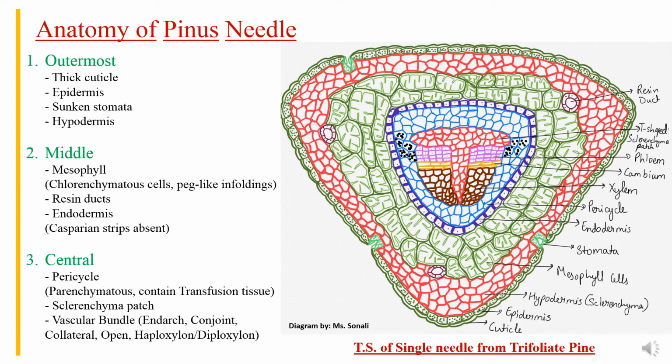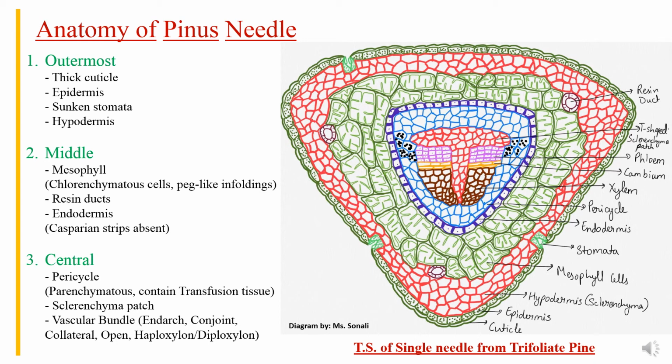Endodermis is the inner layer of the middle region, and the point to note here is that endodermal cells lack Casparian strips in needles. Next is the central region, which has a layer of pericycle on the outer side. It is multi-layered parenchymatous and contains transfusion tissue and tracheids, which help in better movement of water from the vascular bundles to the mesophyll cells.